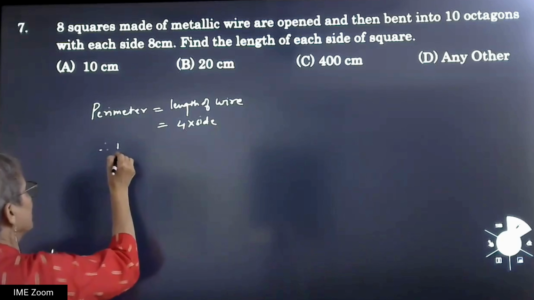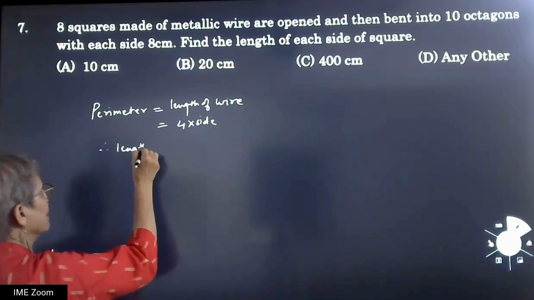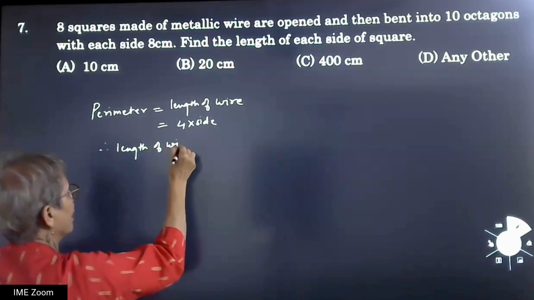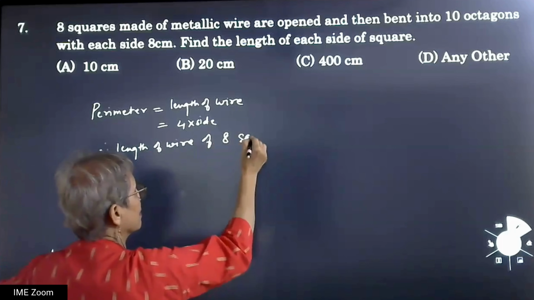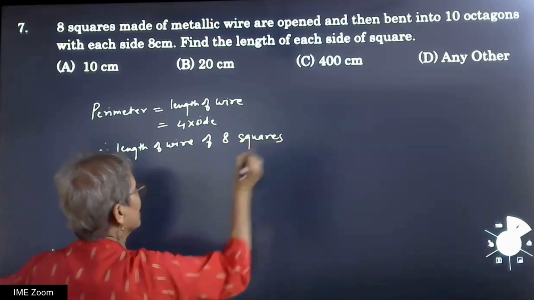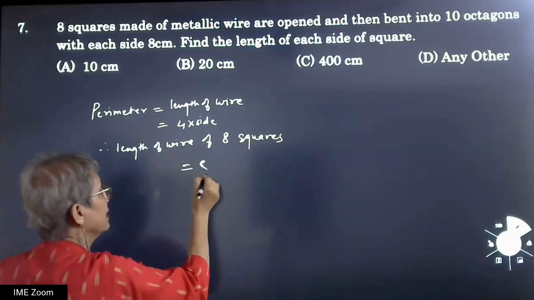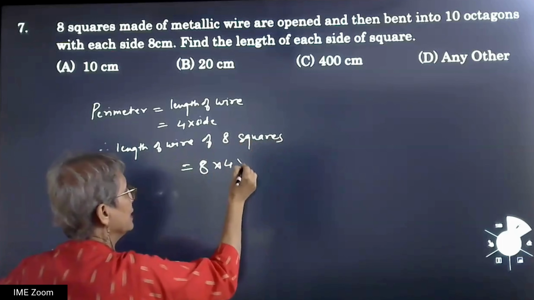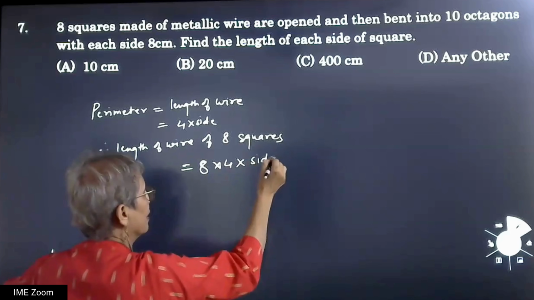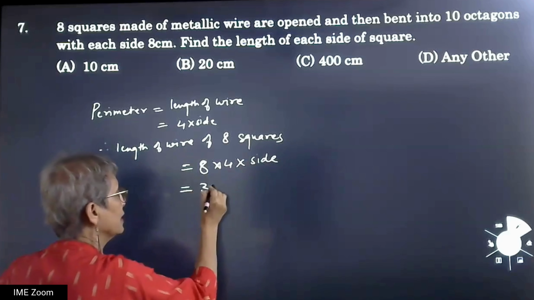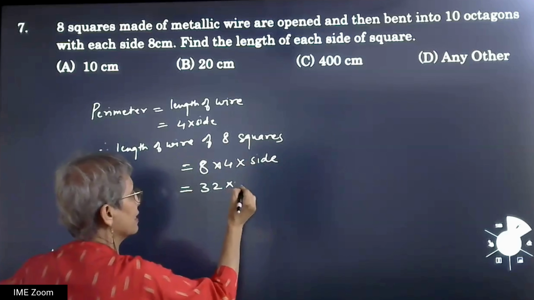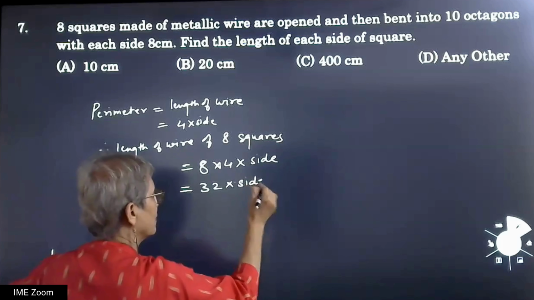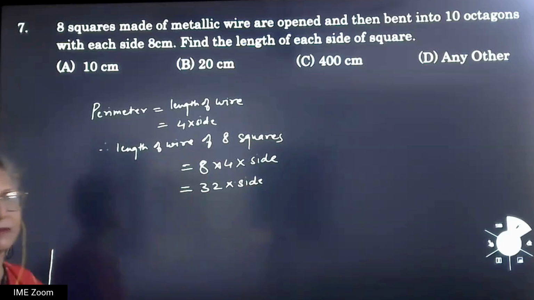Therefore, length of wire of 8 squares equal to 8 into 4 into side. And that is equal to 32 into side. Side we can consider as x, but let it be like this.